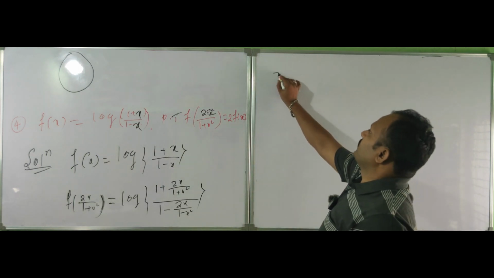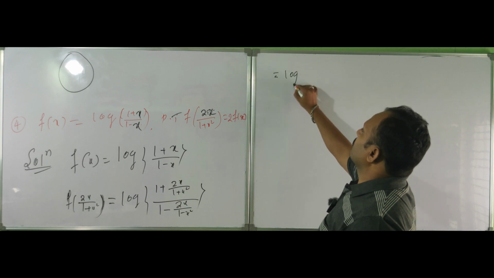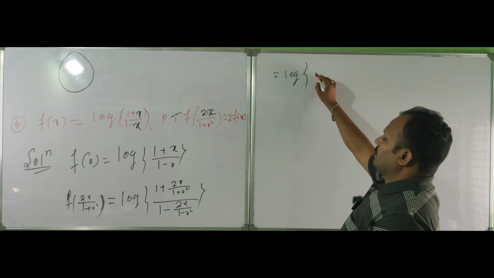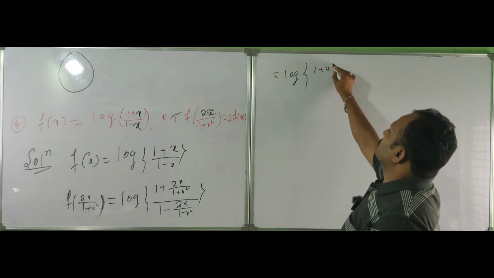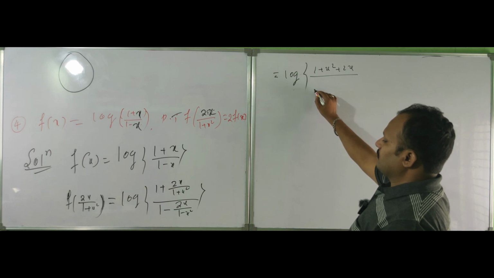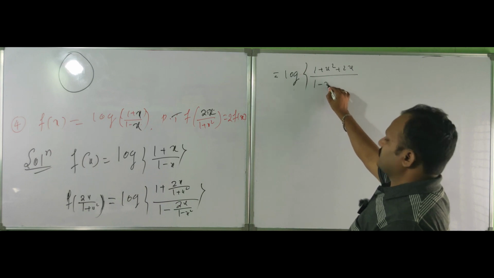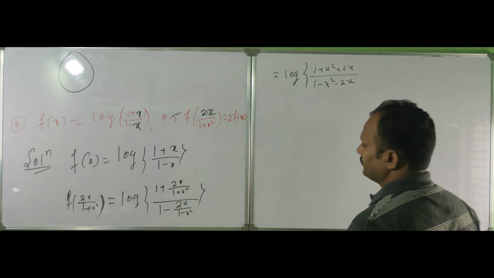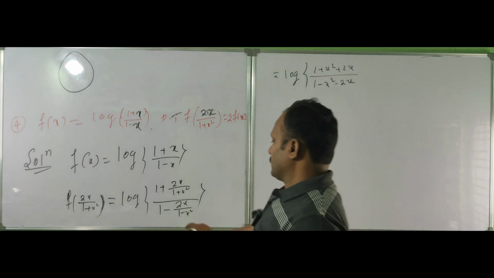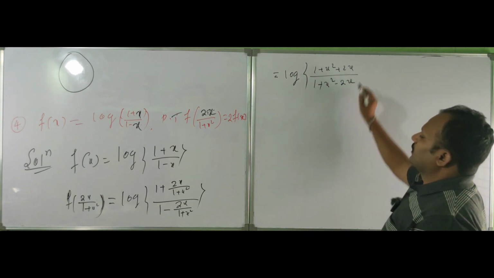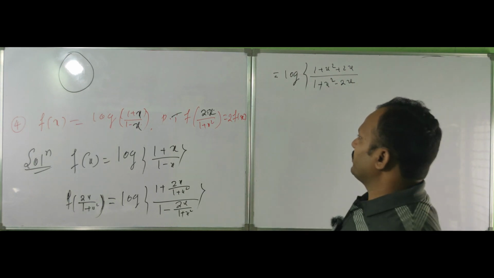This becomes log of this simplification: 1 plus x square plus 2x divided by 1 minus x square minus 2x. This is 1 plus x square, and this 1 by x square and 1 by x square get cancelled.